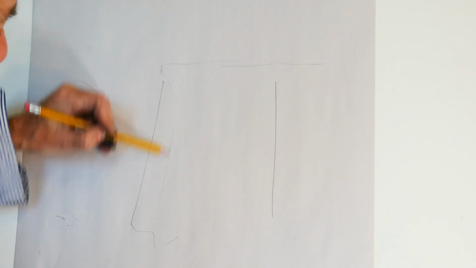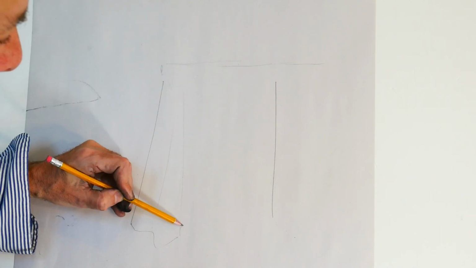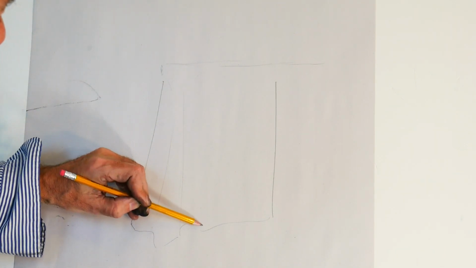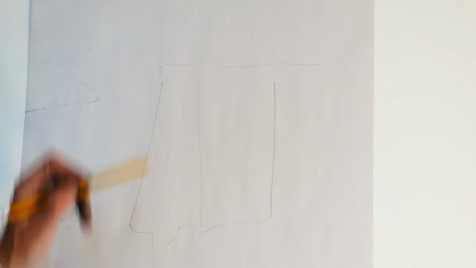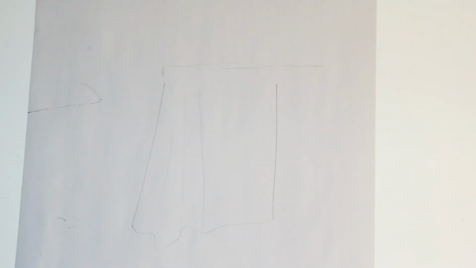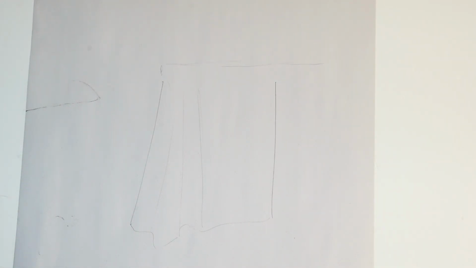And then you're going to get these triangles that are going to go up like that. And then we just want to very carefully start putting in the overall darknesses, okay?